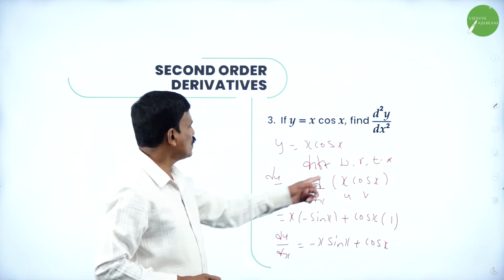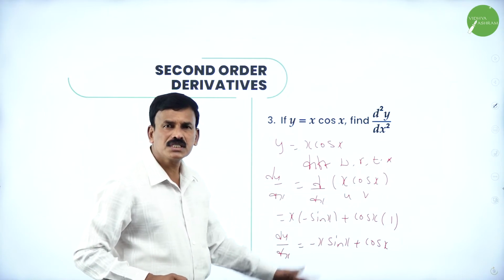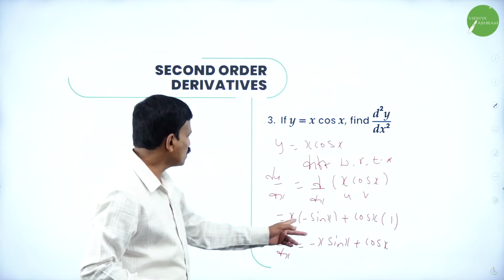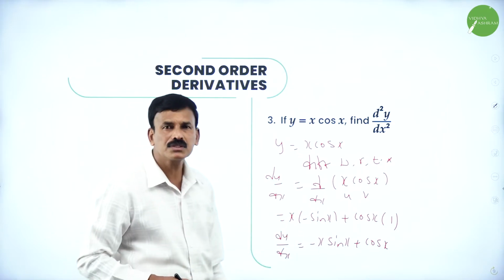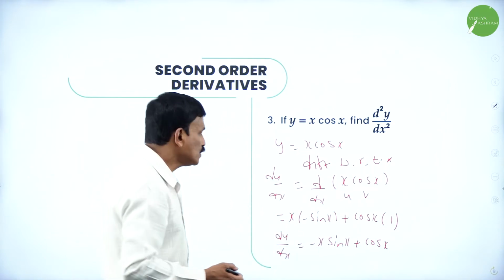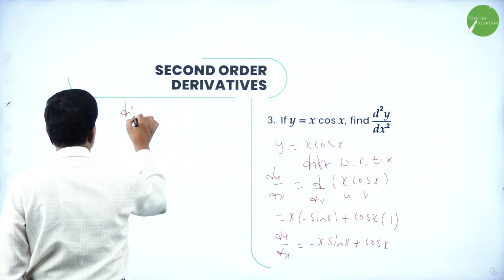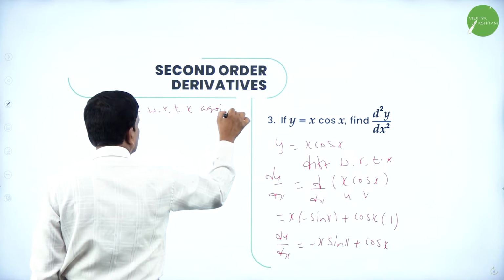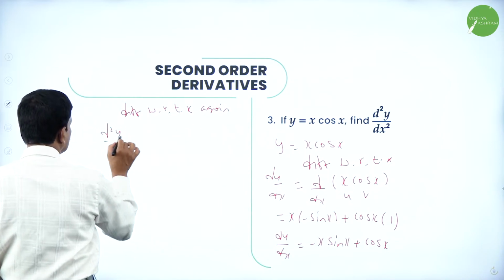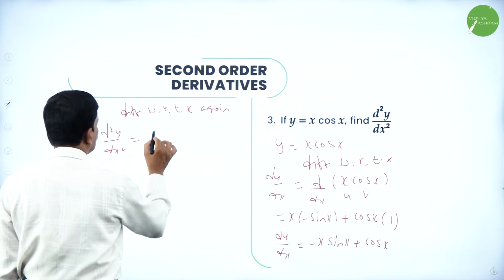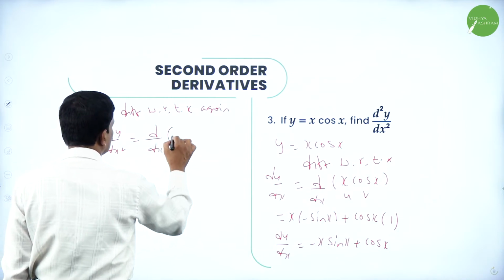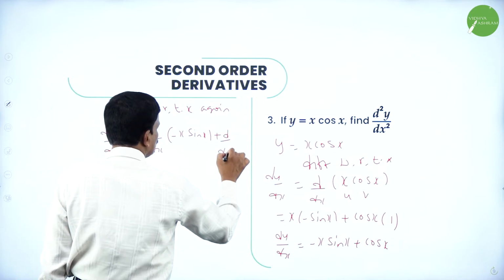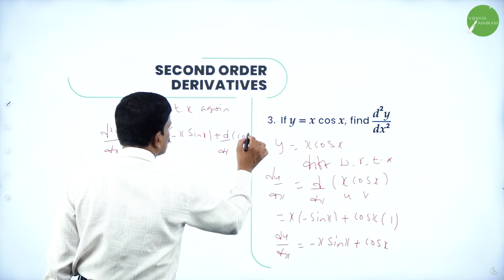See here, first function, differentiation of cos x is minus sin x, plus cos x constant, differentiation of x is 1, giving minus x sin x plus cos x. Now differentiate this again with respect to x. On the left hand side we will get d square y by dx square, which is equal to d by dx of minus x sin x plus d by dx of cos x.